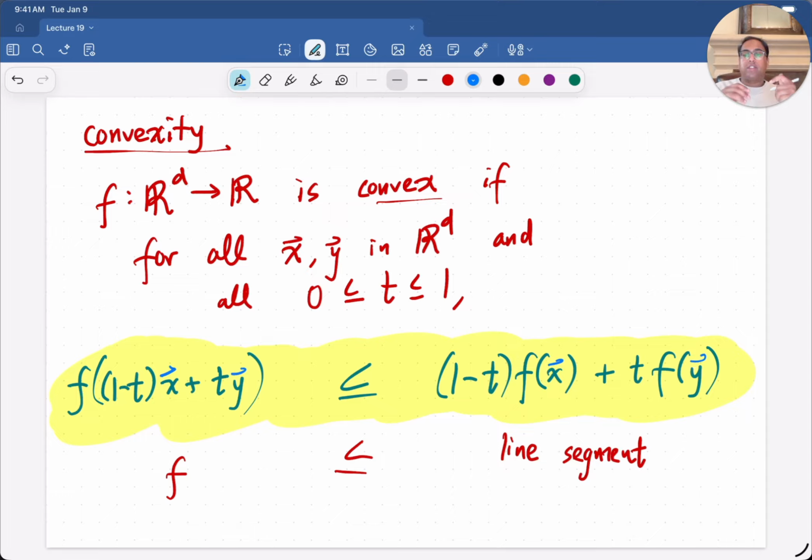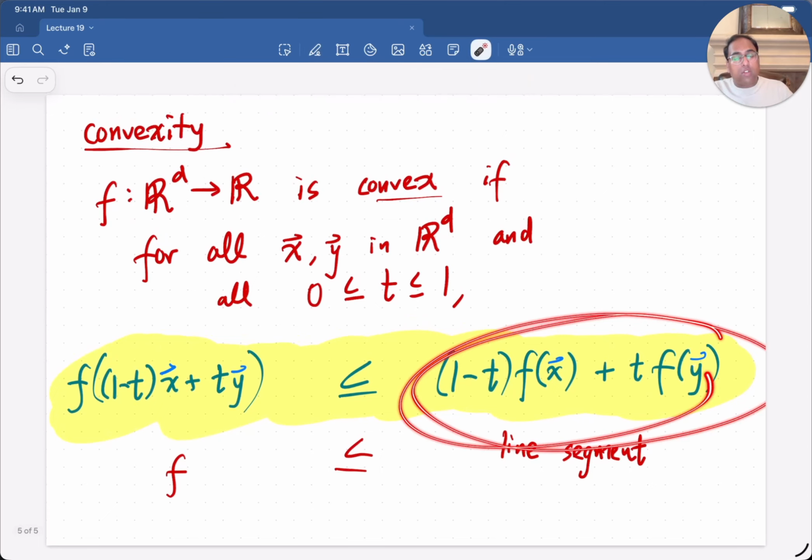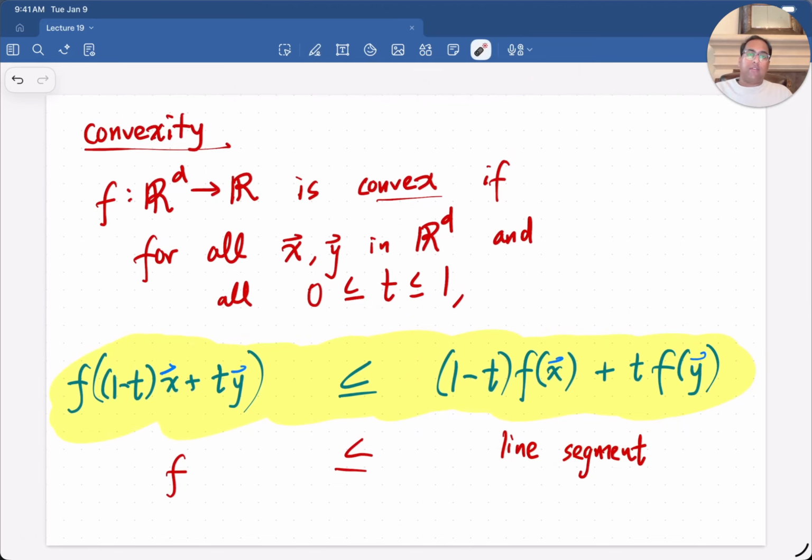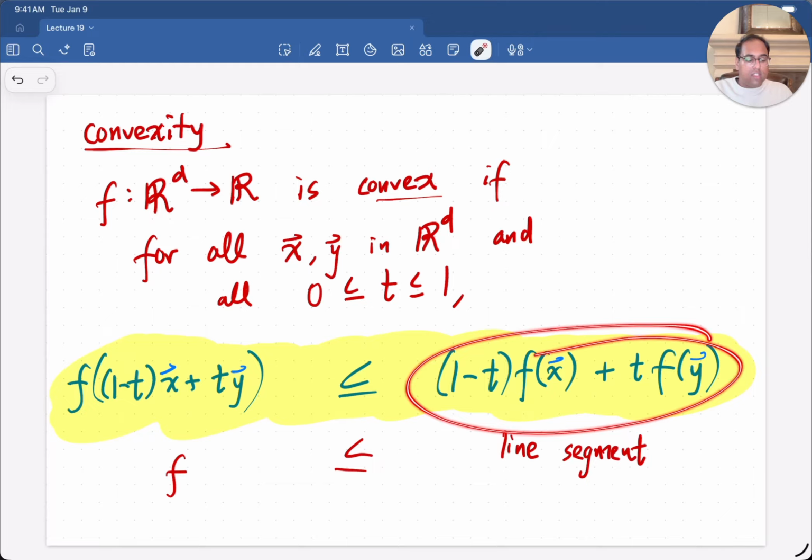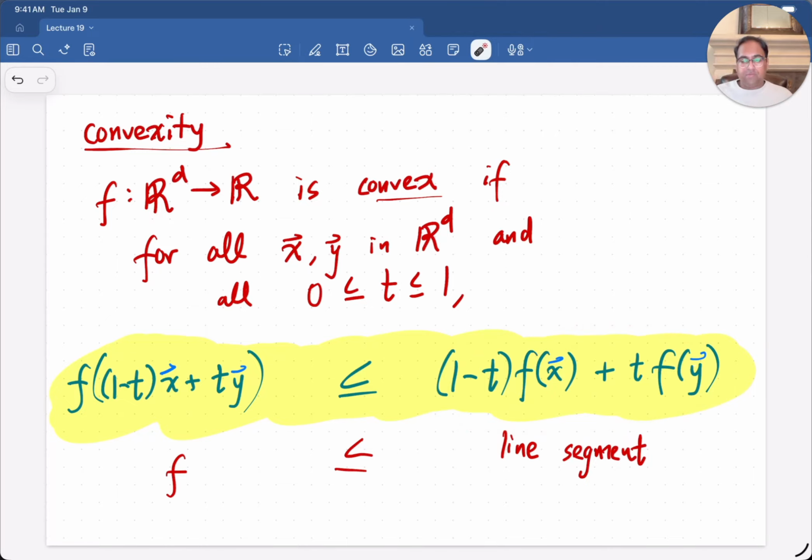If x and y are vectors, in R7 or R15 or just R^d in general, this piece is still the parameterized line between f of x and f of y, and this piece inside here is still the parameterized line between x and y. All I'm doing is plugging that point between x and y into the function, and I'm saying the function needs to be less than or equal to the line segment between those points. So again, this is the formal definition of convexity.